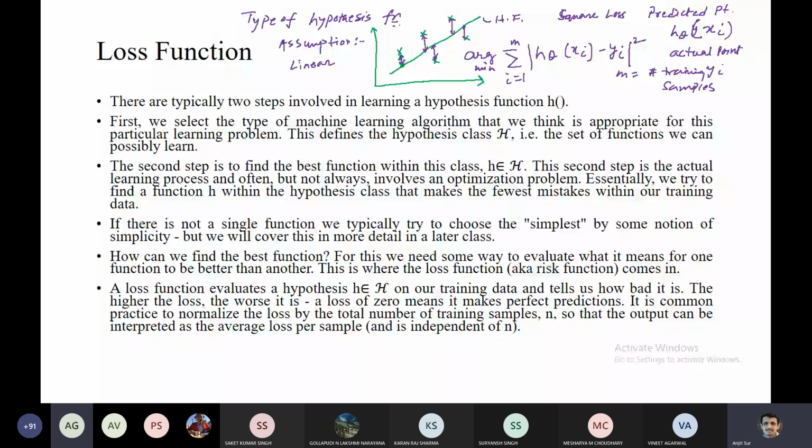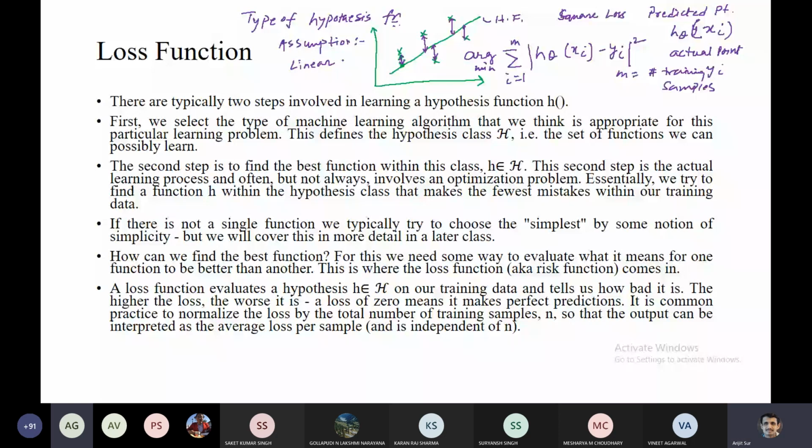So this assumption is basically this. I think you recall one thing: we said that there is the no free lunch theorem, that every hypothesis function has a kind of assumption. This assumption is the linearity assumption, and this makes a set of hypothesis functions.